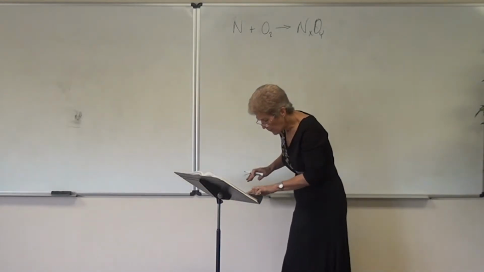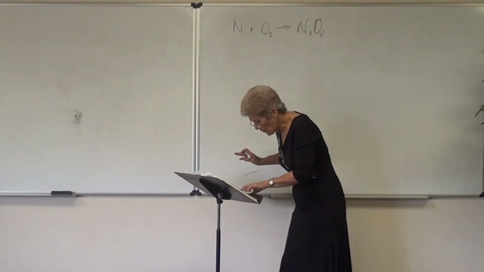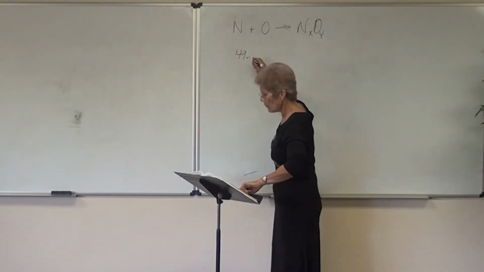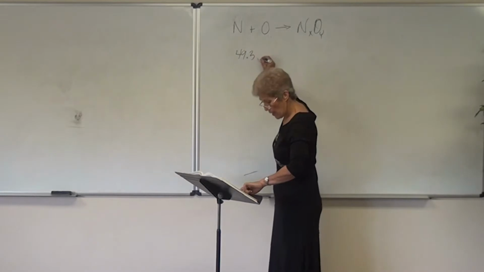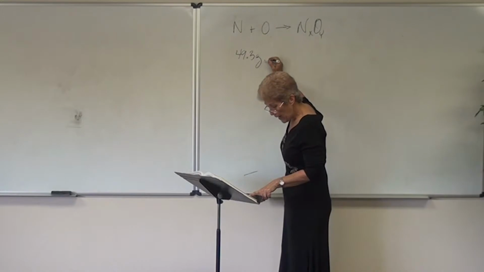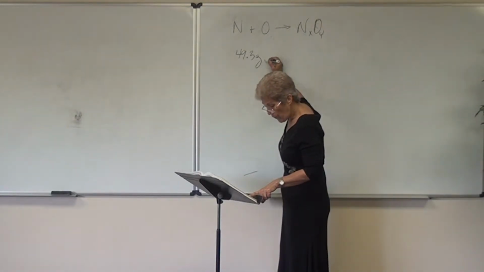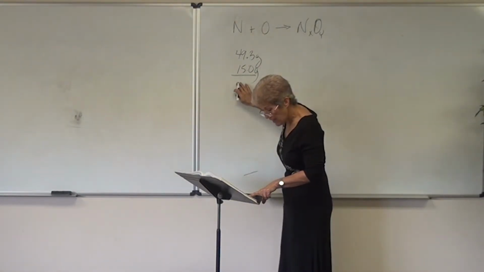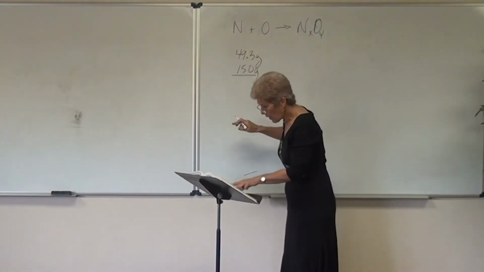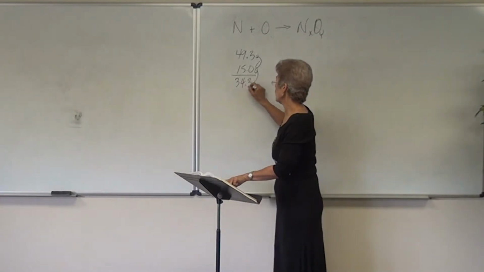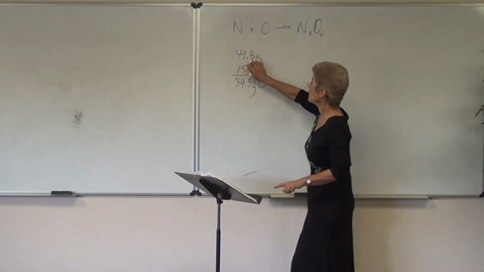Okay, so it results in a single gas, which we have 49.3 grams of the final product. And we have 15 grams of the nitrogen. And so that means that we have added in how many grams of oxygen? 34.3 grams of oxygen.